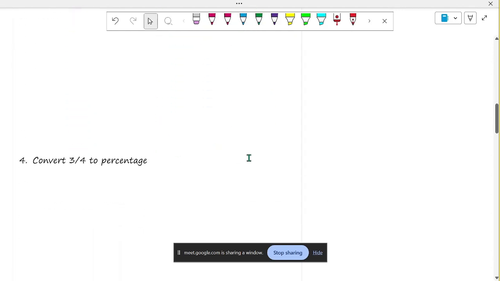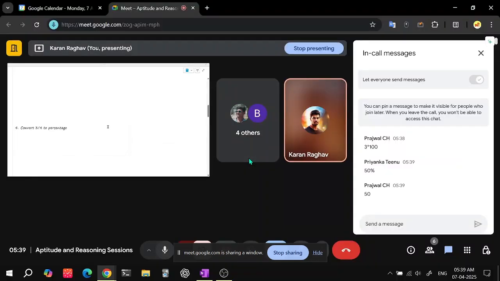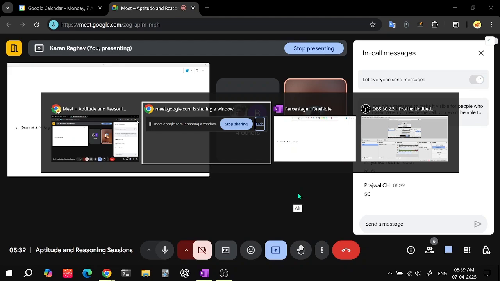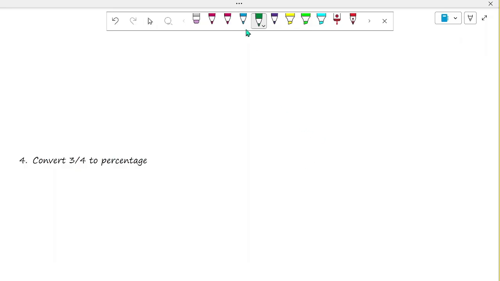Check this. Convert 3 by 4 to percentage. How will you solve this one? You can go by simple method.